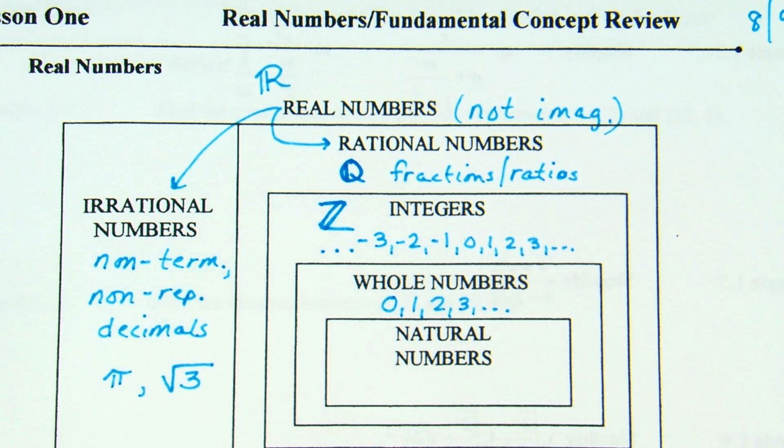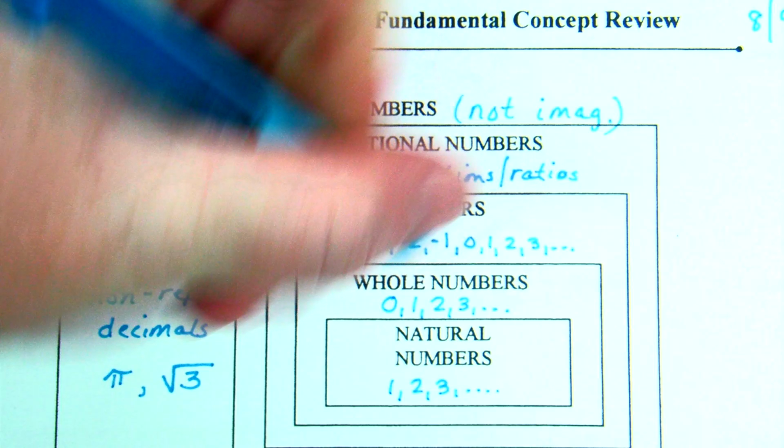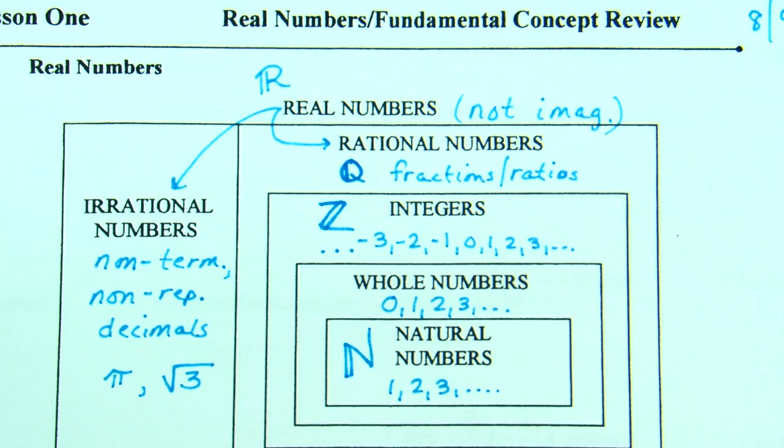Okay. And then what are natural numbers? Basically, take whole numbers minus the 0. So 1, 2, 3, and so on. To represent natural numbers, we use what I call a fancy N. The doubled up leg is the left leg.